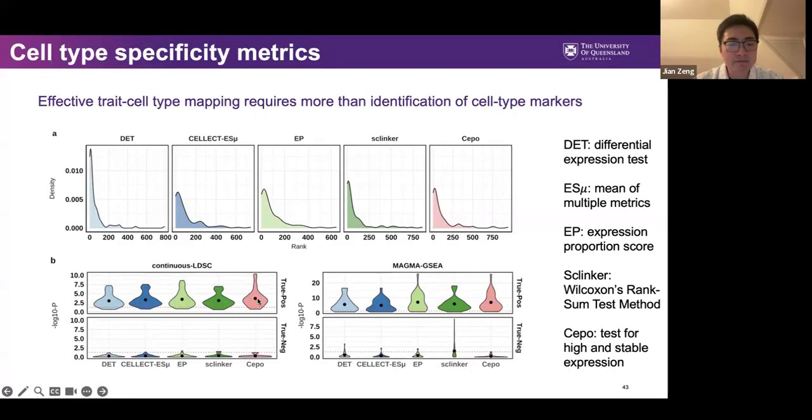However, when we look at the power to identify the cell types for complex traits, the best method for identifying marker genes is not necessarily the best method to improve the power. It looks like SIPO, regardless of using the regression or the MAGMA gene set enrichment analysis, tends to have a higher power than the others.